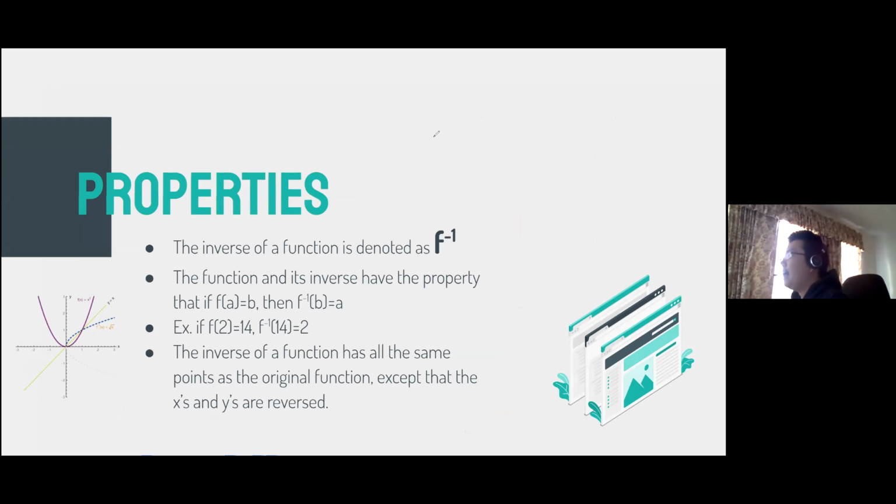Think about this again as our input machine. Our machine is called f, and if we're given a, we output b. If we're given b, we need to find some sort of machine, f^(-1), that will give us a.